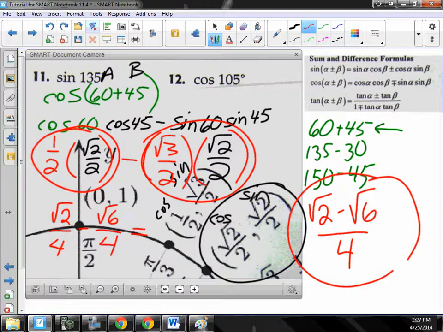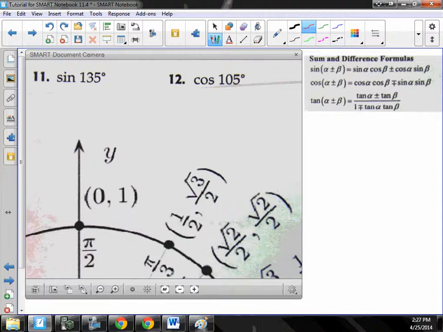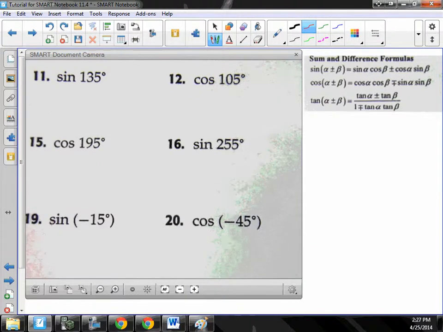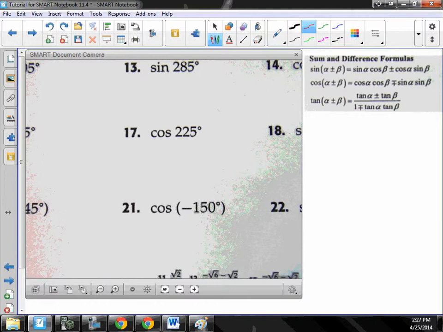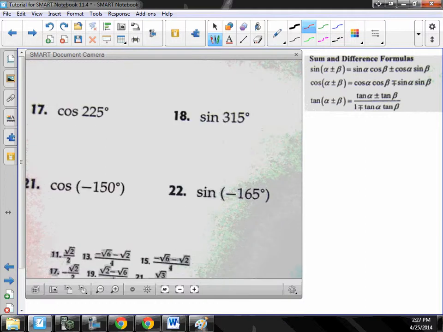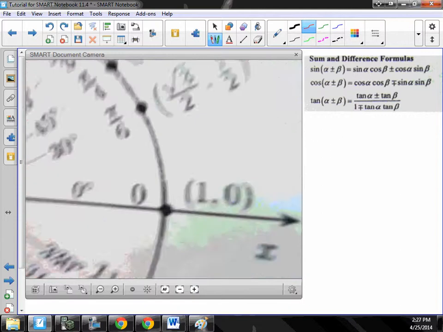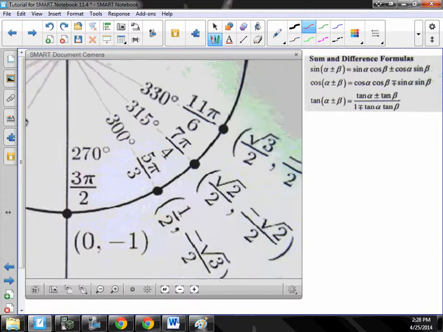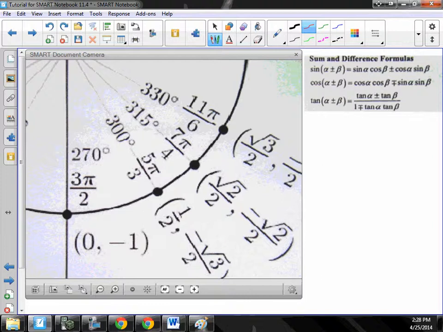But if you look at number, say, 18, is 315 on the unit circle? Yeah, it's already there. So the answer is going to be negative root 2 over 2.